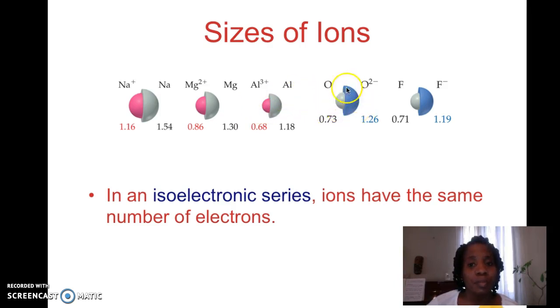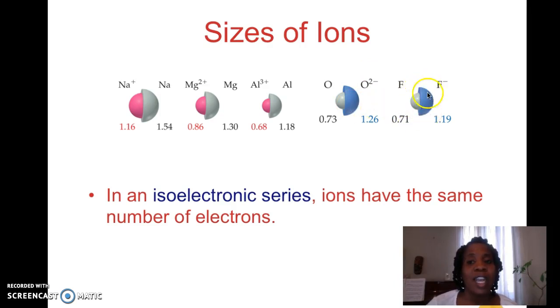Oxygen had an atomic number of 8, so the number of protons did not change. So it now has 8 protons and 10 electrons. So you can see, because it has such a small number of protons, the attraction is weaker and therefore the size is greater.